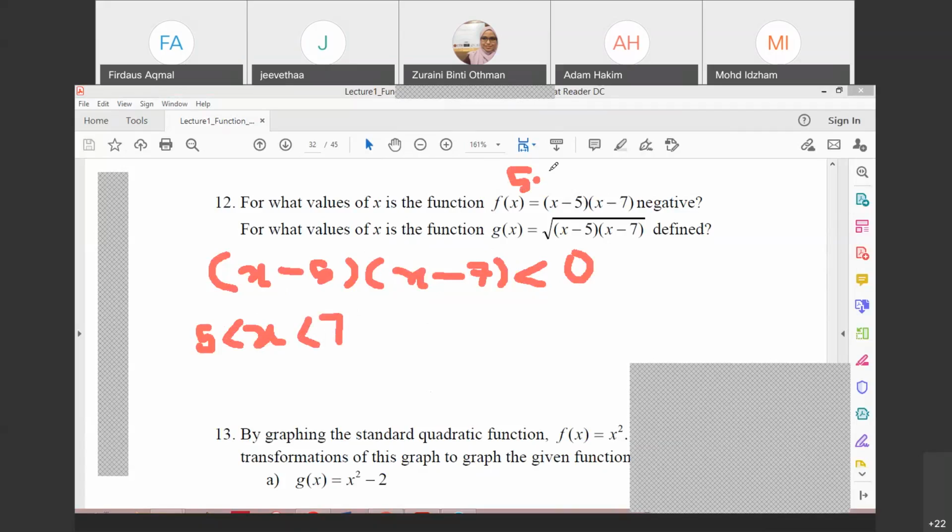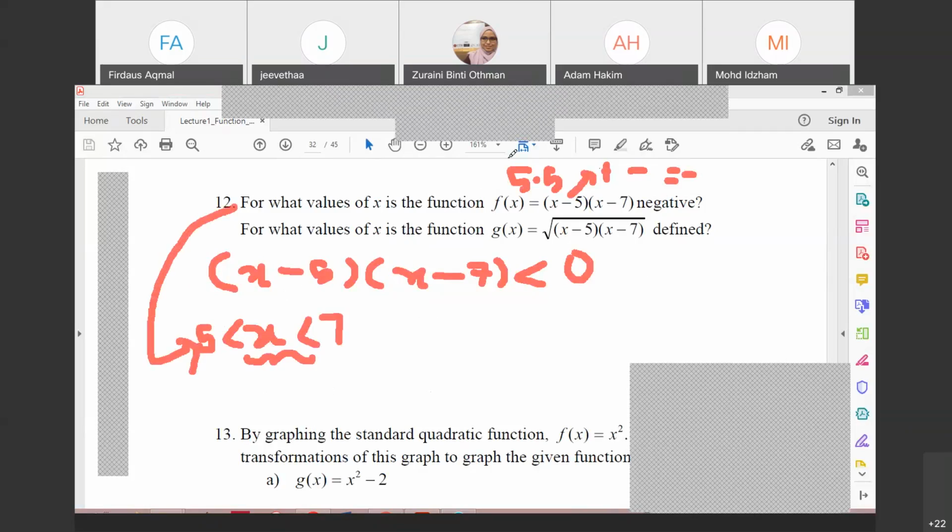When it is 5.5, it get here, 5.5 tolak 5 is positive, right? Dan yang sebelah sini akan dapat negatif. Tambah tolak akan dapat negatif. So, in between this, it is negative number. So, the answer for first sentence tu yang ni. Faham? Ada soalan? Ada soalan boleh interrupt tau. Boleh tanya. Boleh cakap dekat kamu punya mic tu.